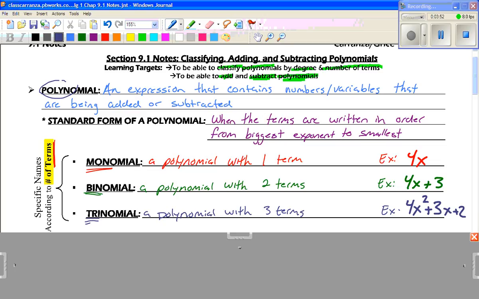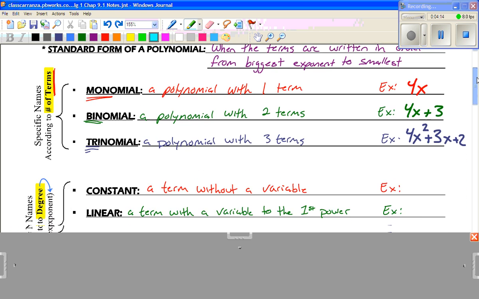So, the number of terms relates to how many. That's 1 term, 2 terms, and 3 terms. If it's more than 3, we just call it a polynomial. All right.